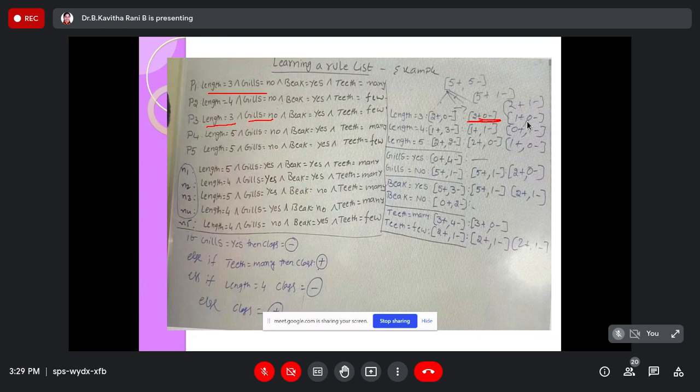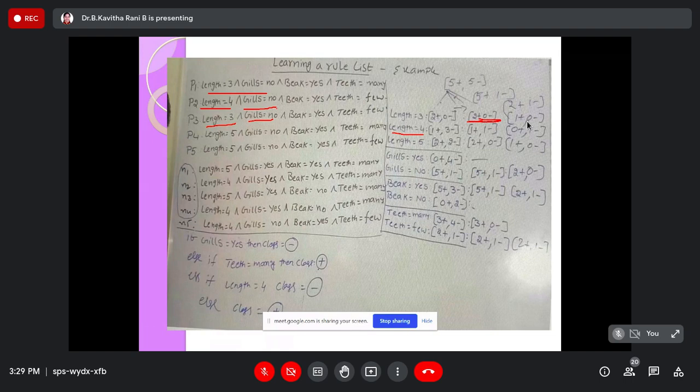Okay. Now check with second instance. Length is equal to 4. Okay. So length is equal to 4 and gills is equal to yes. Length is equal to 4, gills is equal to no. So this you have to consider. Endukante manaki gills is equal to yes anedi unte consider cheyoddu.